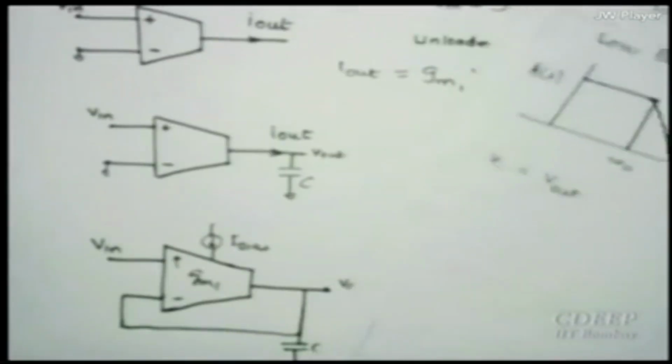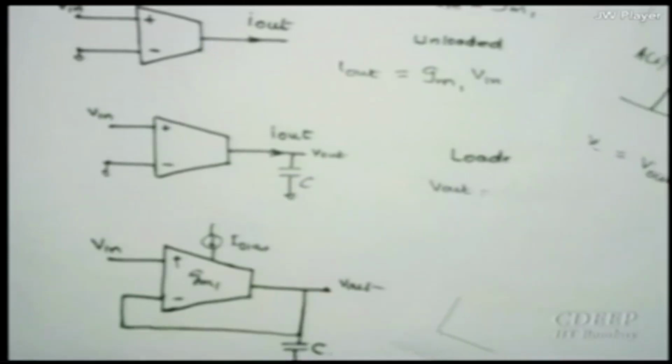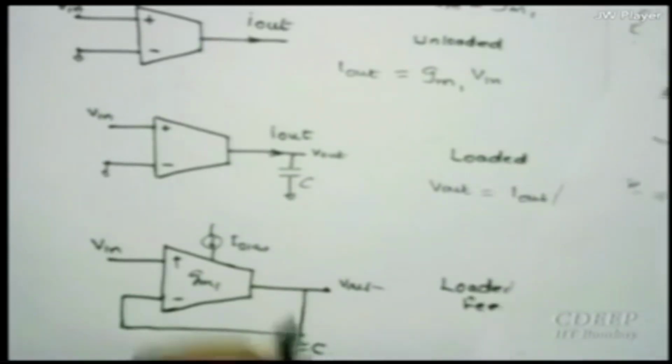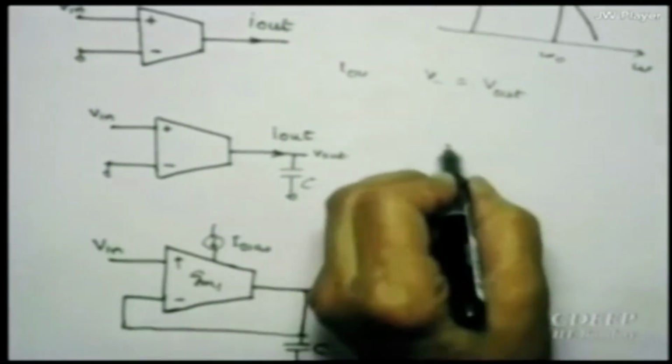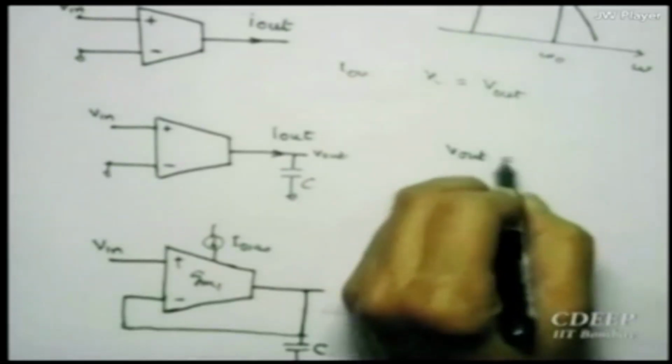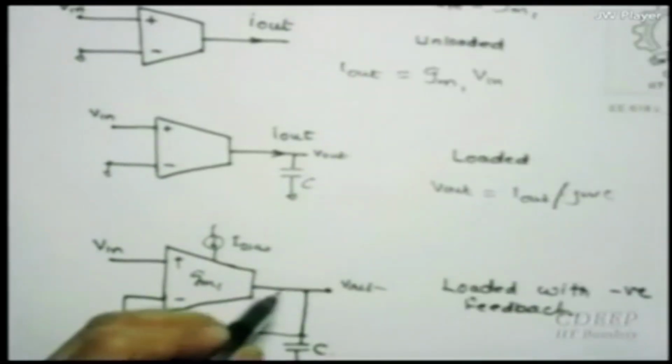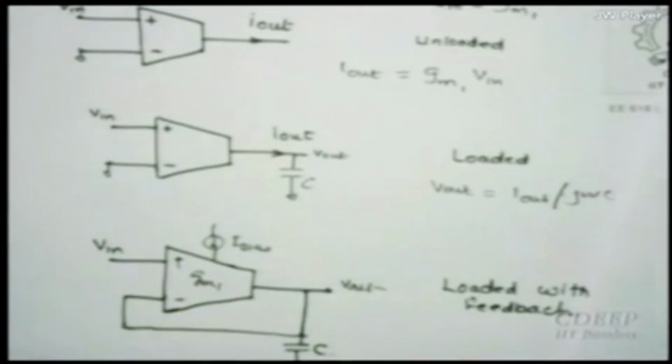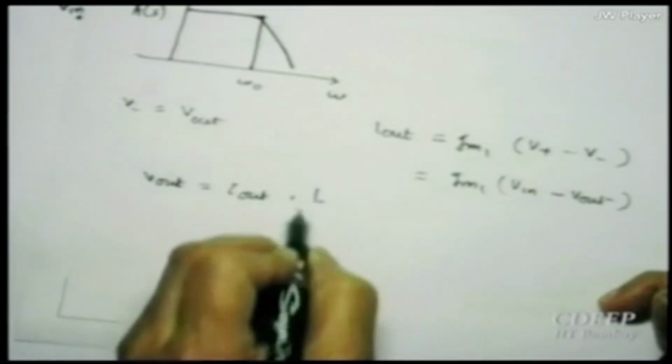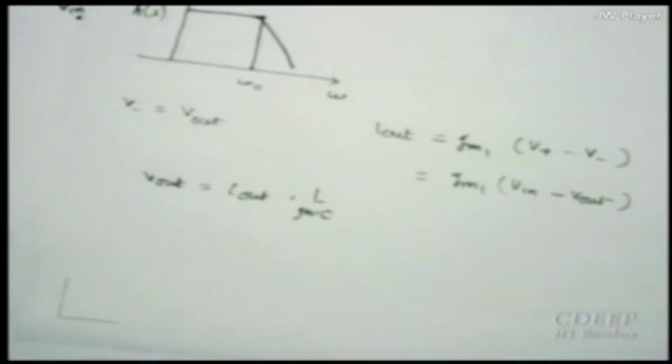Or if you look at this point and this point, they are the same. So what is V out essentially, otherwise I can figure out? There is an I out current flowing in the capacitor. So V out is I out into 1 upon j omega c. Is that okay?